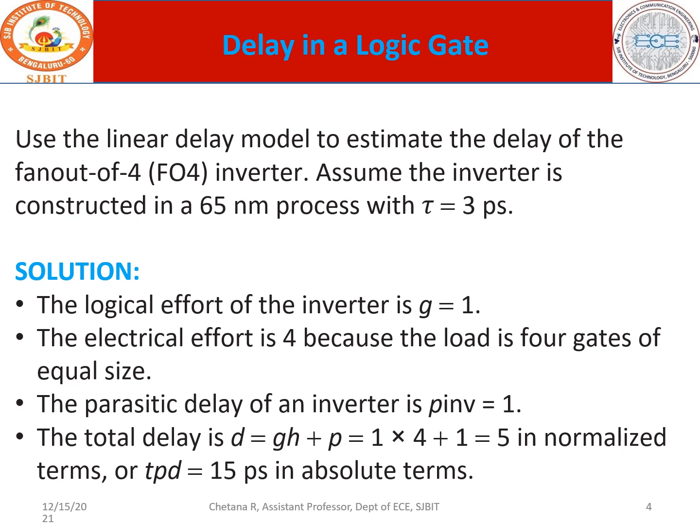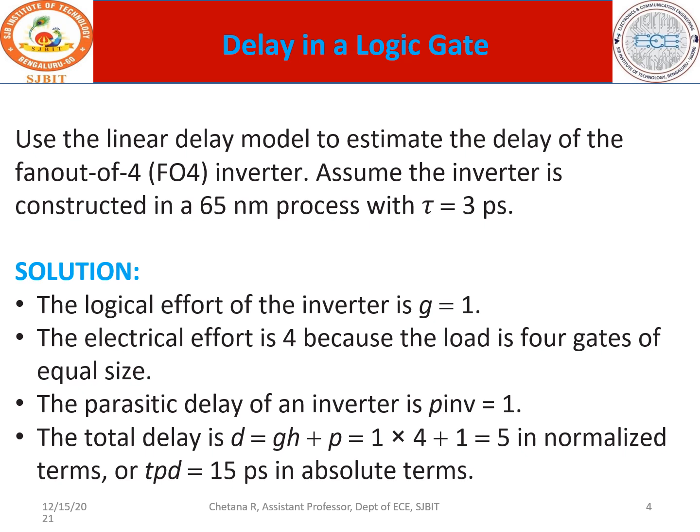Your single inverter is driving 4 devices, therefore the fan out is 4, and in other words the electrical effort is also 4, because the load is 4 gates of equal size. Therefore the logical effort is 1, and the electrical effort is 4.